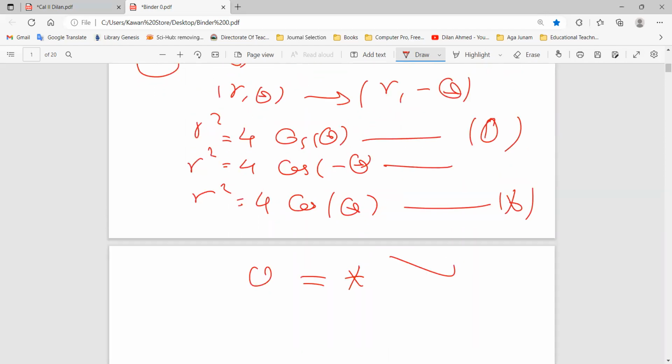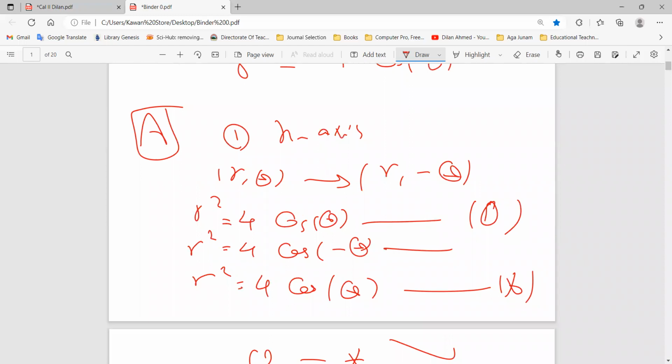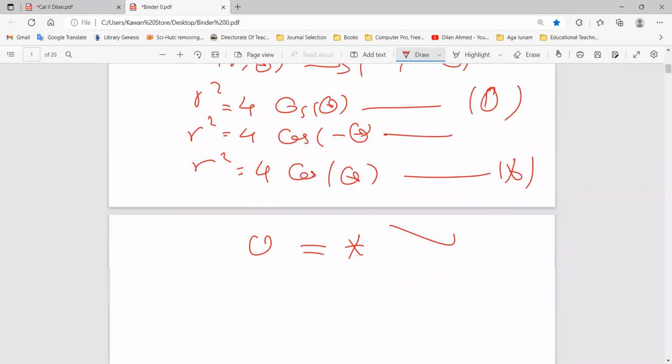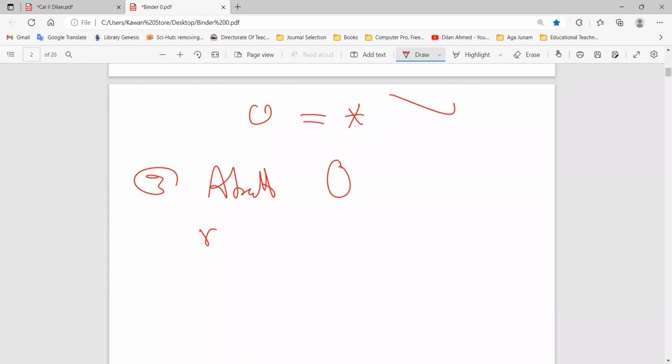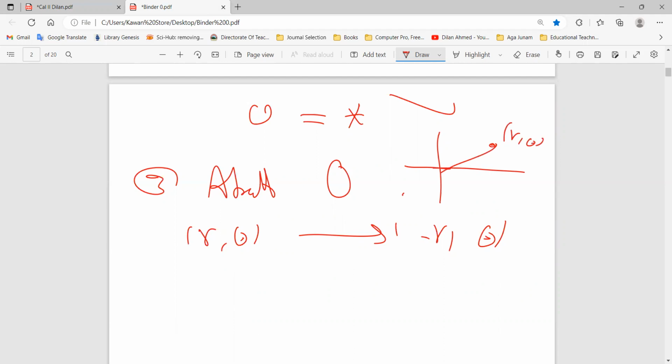How about the second? I'm not going to the y-axis. Why? That's why I say it is sometimes tricky, so use the trick way. I'm not going to the y-axis because I have r squared, and in my mind, because I use it a lot, I think about symmetry about the origin. Why? Because r theta will change to minus r theta. You are here and you want to bring it to here, so r theta becomes minus r theta. Nothing else changed, so I just change the r, and I'm sure the r squared will stay the same.